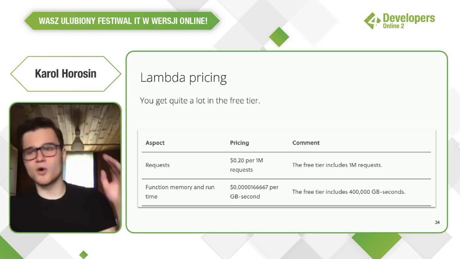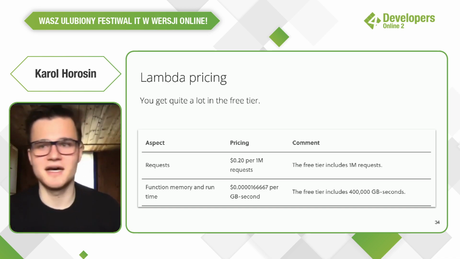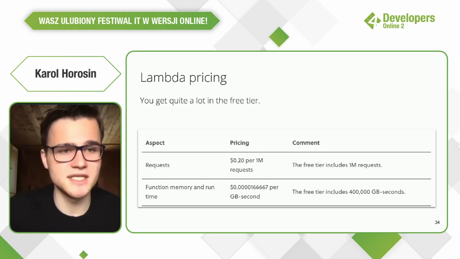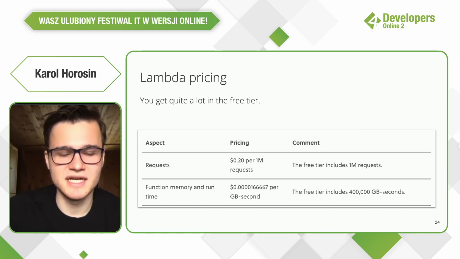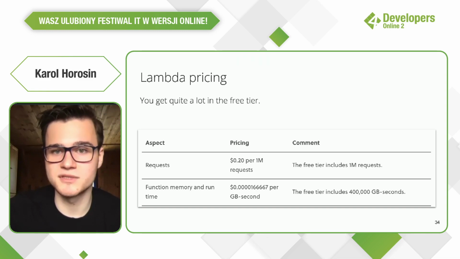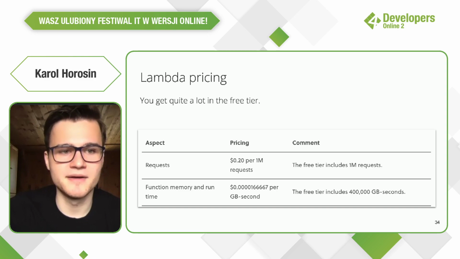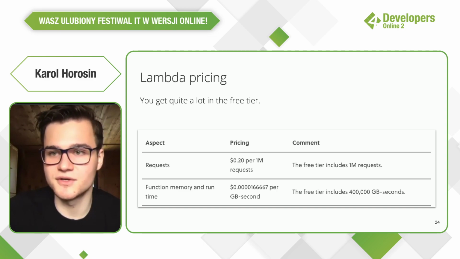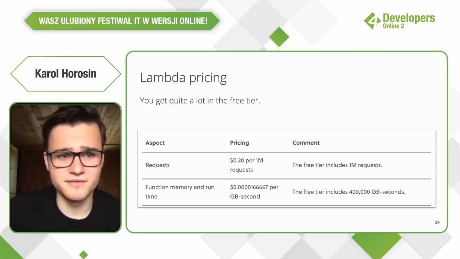The question that always is asked about Lambda is pricing, so I'm going to quickly tell you about that. You get quite a lot in the free tier, and for small apps, you probably won't pay anything. For the number of requests, you get 1 million requests free for your API, and then you pay 20 cents per million requests. That's just requests. And then you also pay for the compute resources used.